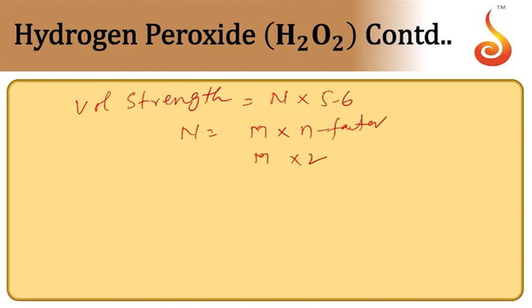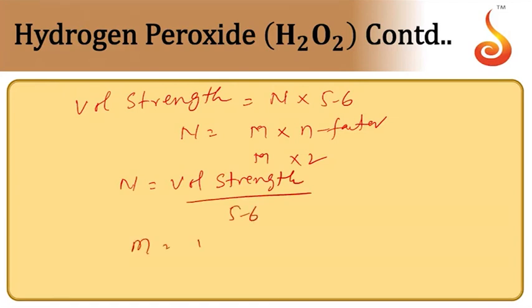Therefore normality is equal to volume strength by 5.6, and molarity is equal to volume strength by 11.2. These are the formulas to convert volume strength to normality and molarity.